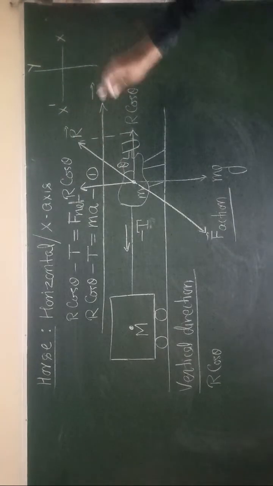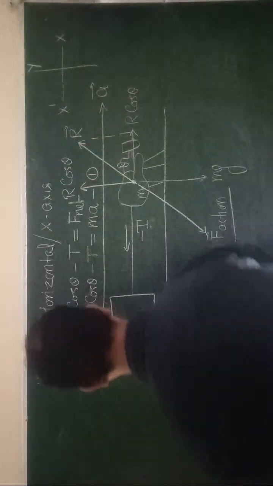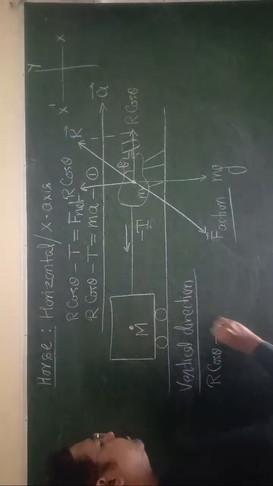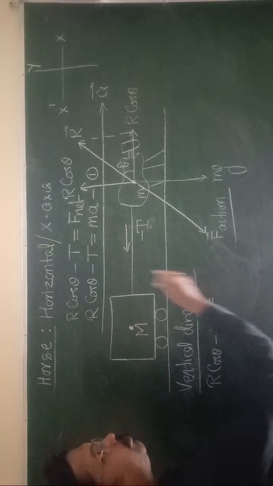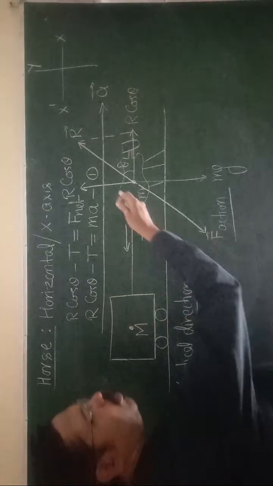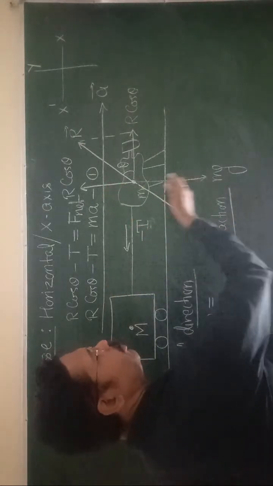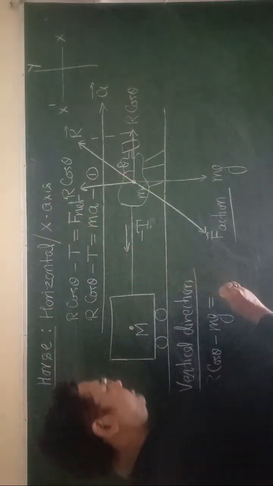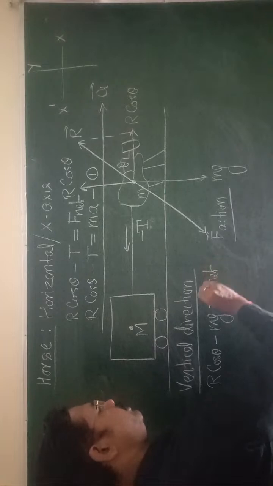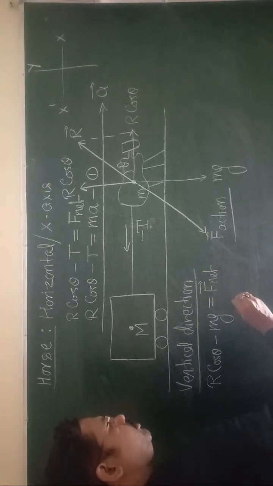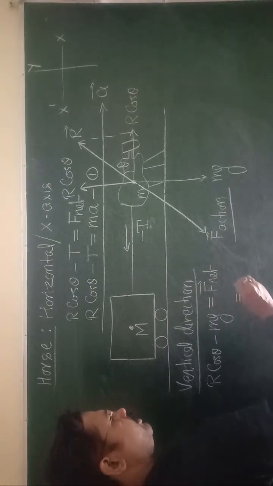So mg is suppose negative. So I am writing here, no net force acting. Horse is not going down, horse is not going up. So F net is basically 0.